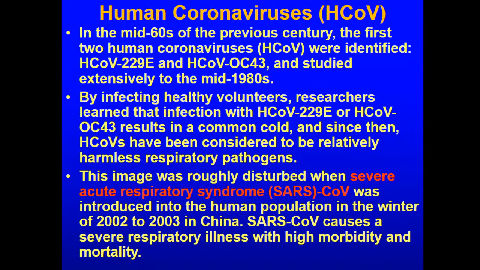I would like to tell you a few words about the history of the human coronaviruses. It did not start in 2019, not at all. The first coronaviruses were found in the mid-1960s, and the first two human coronaviruses, called HCoV, were identified.